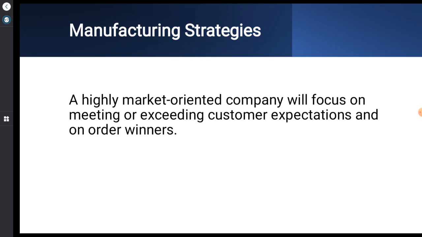That is, they will focus on not only meeting but also exceeding their customers' expectations and on being order winners. And this will happen through having something unique or any competitive characteristics that will persuade their customers to pick their products and services instead of the competitors' products and services.